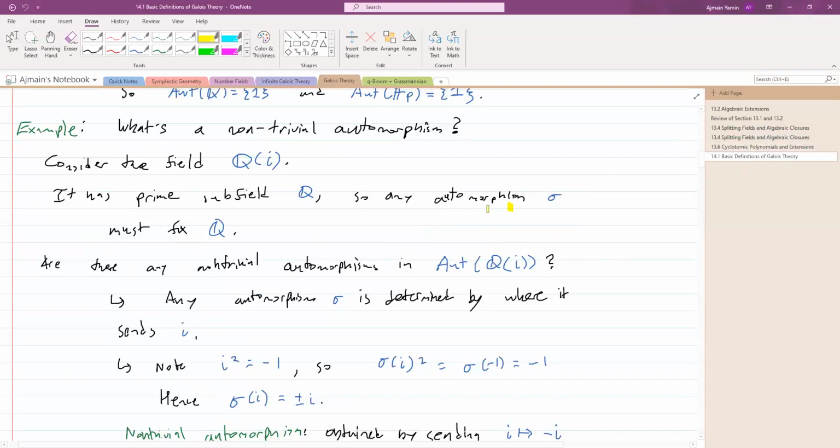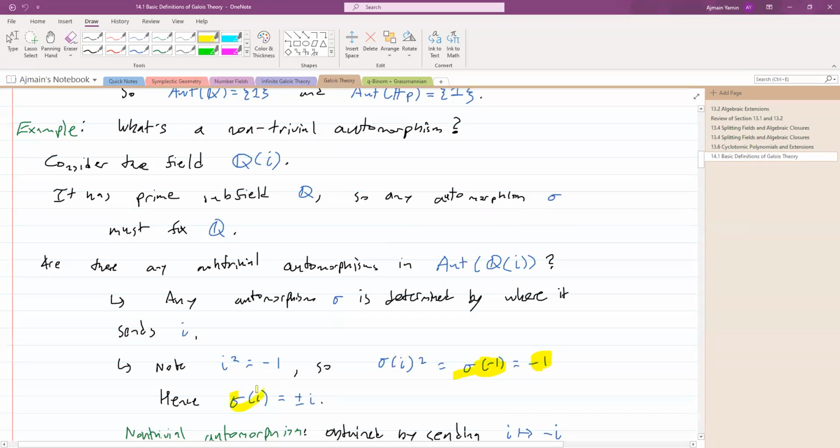i gets sent to something that you specify, and it's a field automorphism, so it preserves addition, preserves multiplication, and so on. So we just need to say where i goes, but notice that we have the relation i squared equals -1. Since it's a field automorphism, it preserves multiplication, so sigma of i, wherever you send i, has to square to -1 as well.